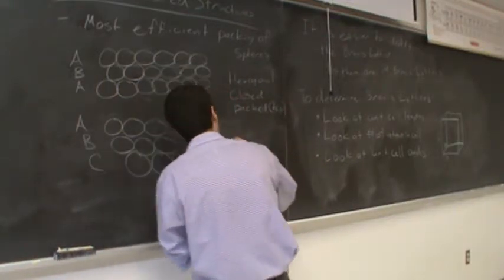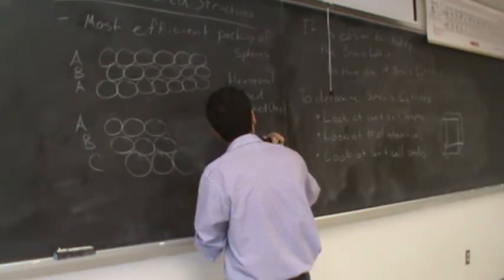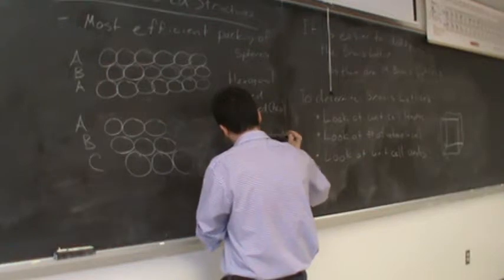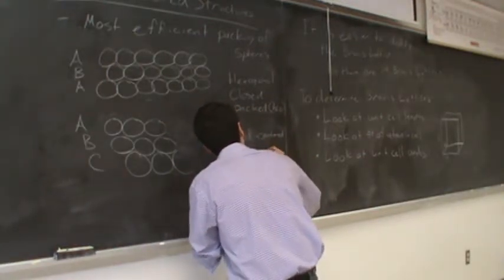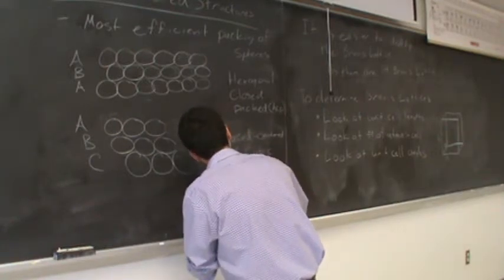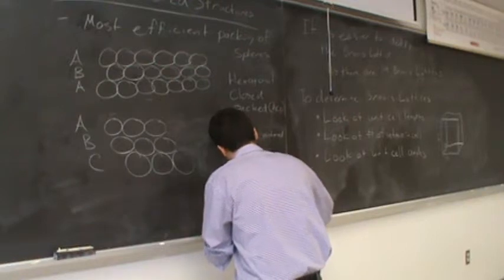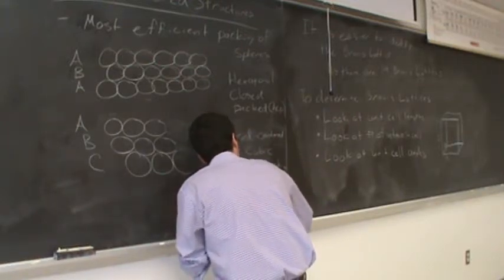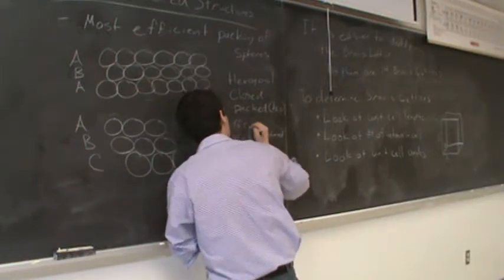And then this one's considered face centered cubic close packing. So this one is HCP, and this is CCP, or FCC.